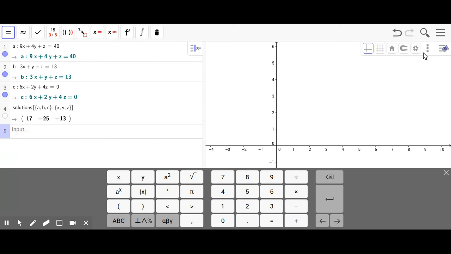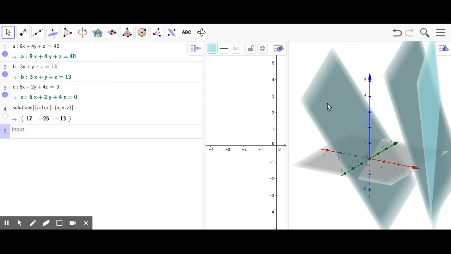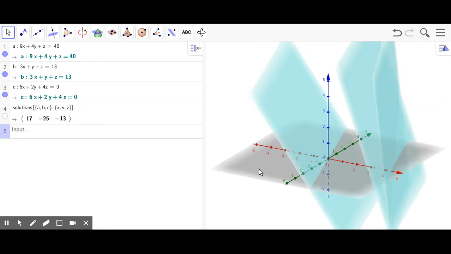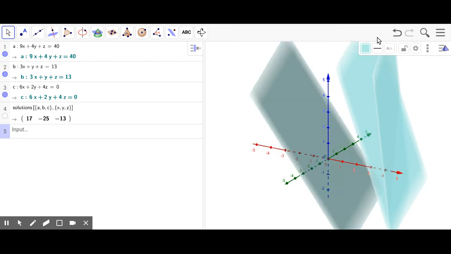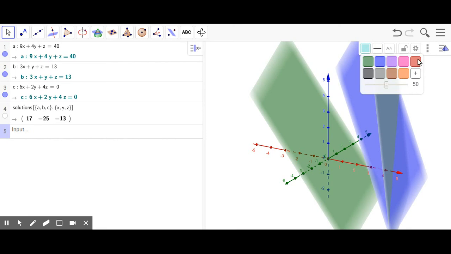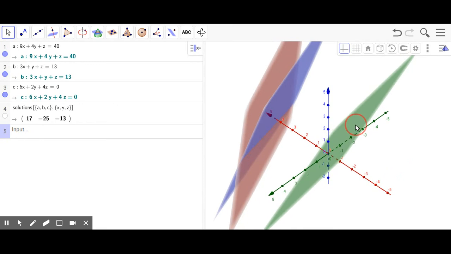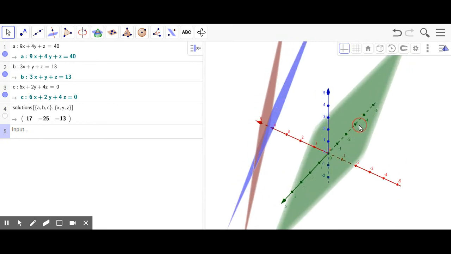So what I'm going to do over here is change this to 3D graphics. I'm going to get rid of this screen. I'm going to change the color of these just to help us see what's going on. Okay, so what we've got is at the point X is negative 17.